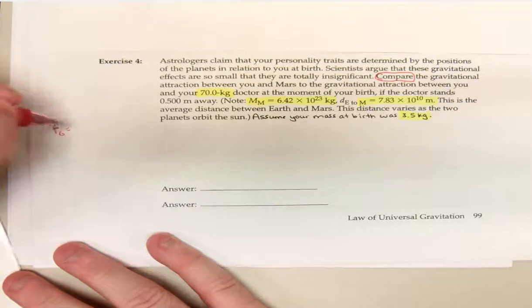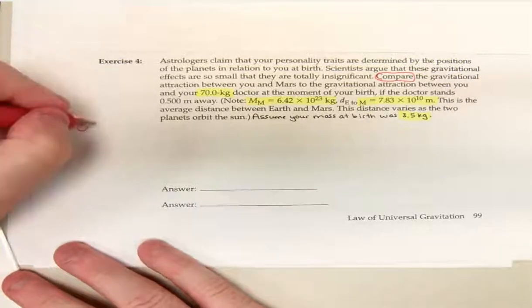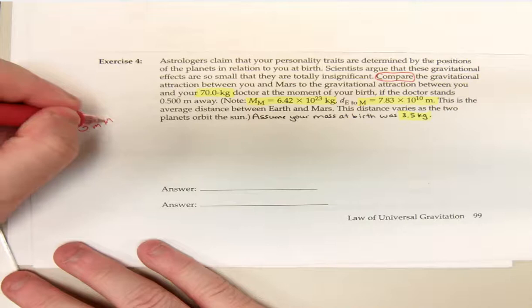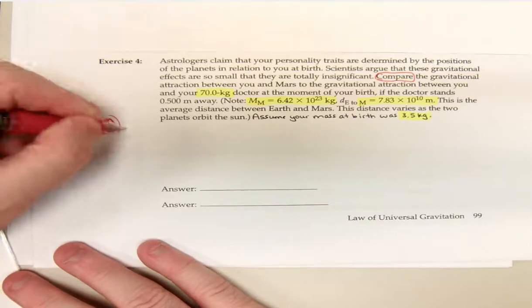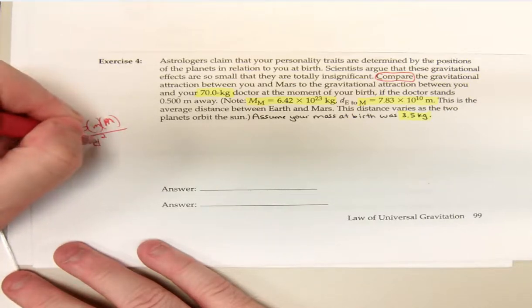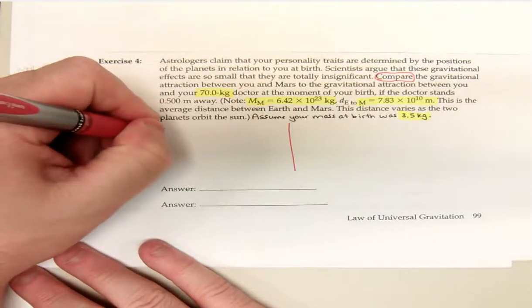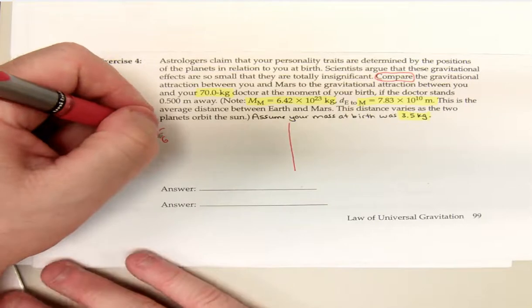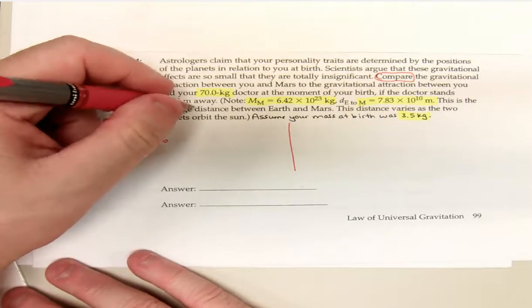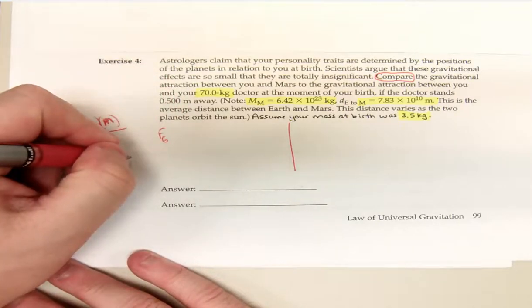Gravitational force equals gravitational constant times mass of the first object times mass of the second object divided by the distance squared. Okay, so let's do it. We're going to do the gravitational force between you and Mars.